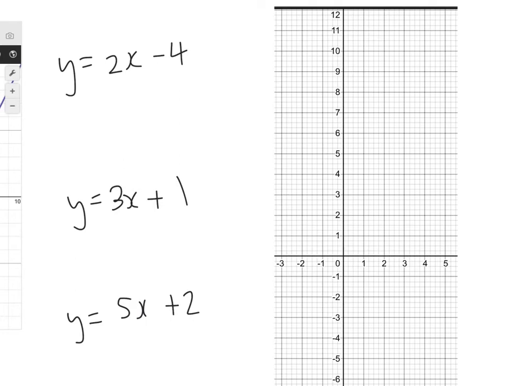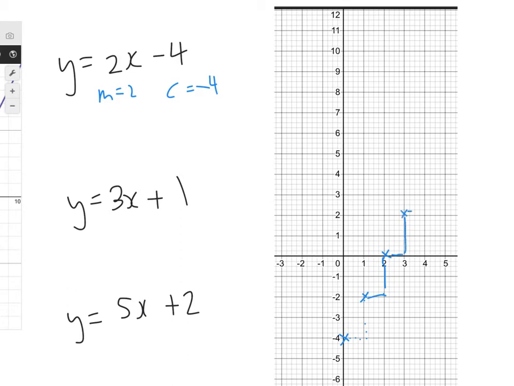If we look at the equation y equals 2x minus 4, I can see the gradient is 2 and the y-intercept is minus 4. So straight away I know one point that's on that graph, and that's 0, minus 4, where it cuts the y-axis. But I also know, because the gradient's 2, that it should go 1 to the right and then 2 up, and then 1 to the right and 2 up, 1 to the right and 2 up.